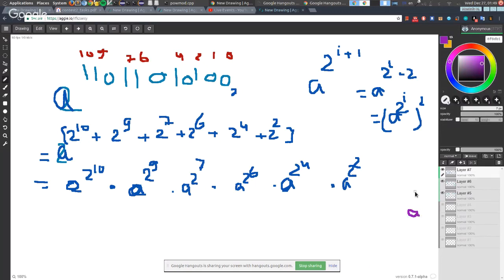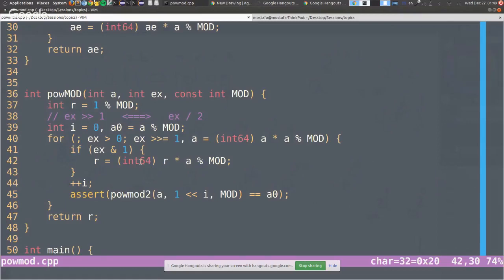Here we find that the exponent has a 0 bit, so we don't do anything and don't execute this part.